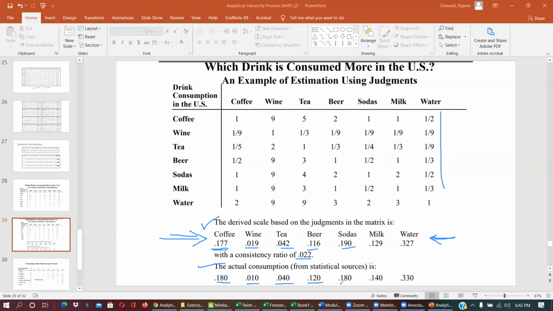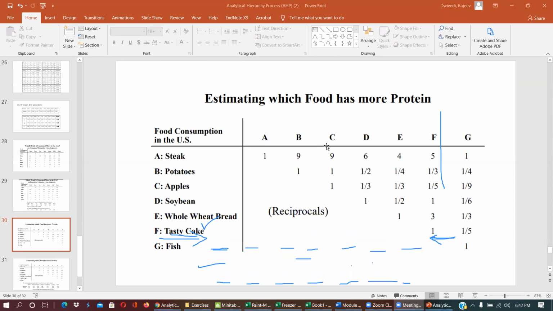Sodas is 19%, 18%, milk is 13%, here 14%. Water is 32% and 32.7. So all the results are compared with real statistical data versus this AHP method, and they are coming very close to each other, almost the same.